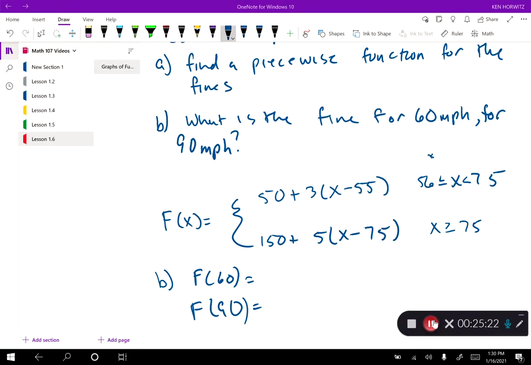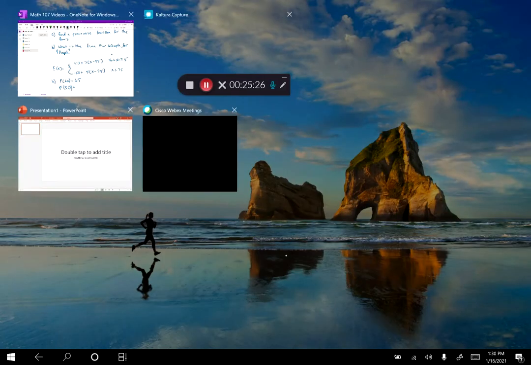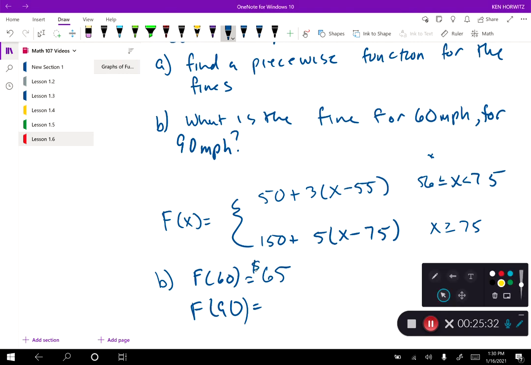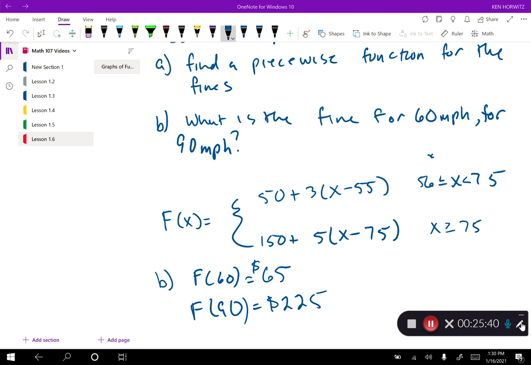All right, for f of 60, I got 65 miles per hour, or $65, excuse me. And for f of 90, I got 225.